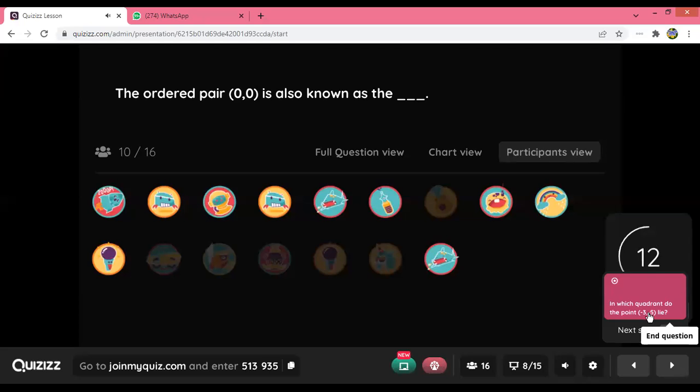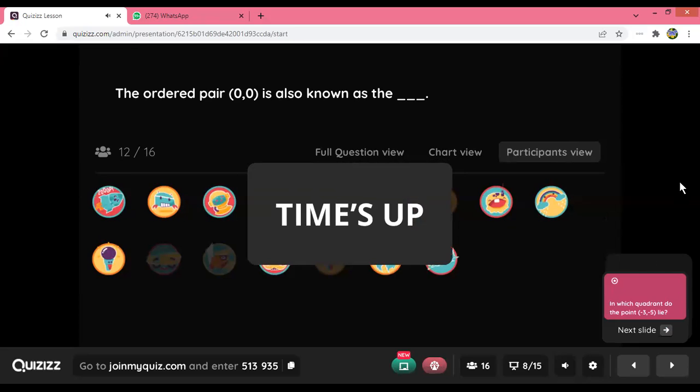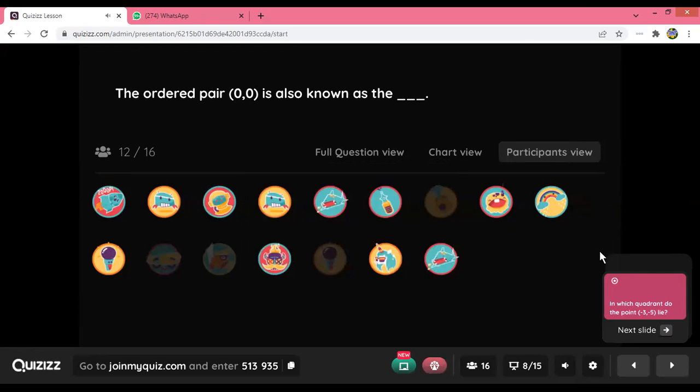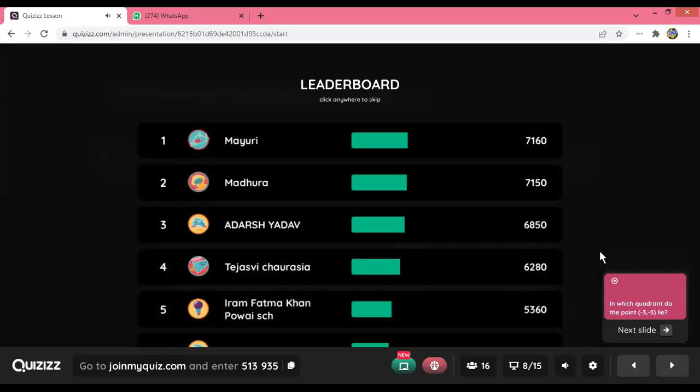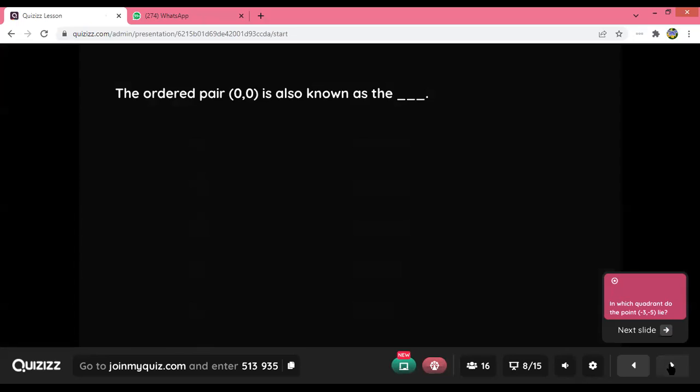Another 10 seconds. 0, 0 is the point of intersection of both the axes. What is that point of intersection of both the axes called? That's the origin. It's called the origin. Let's look at the next question.